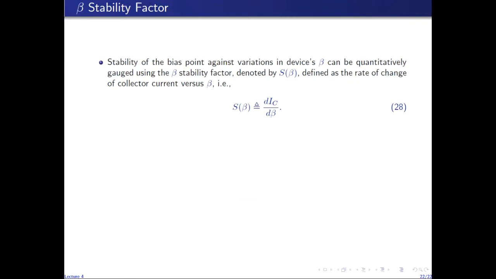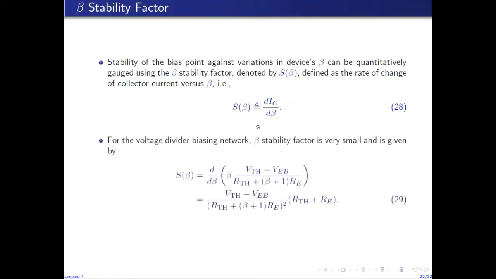So I would highly recommend that you find the stability factors for all of the biasing schemes by simply differentiating the collector current with respect to beta. I will find the stability factor for only the voltage divider biasing network, for which the collector current is given by this expression.